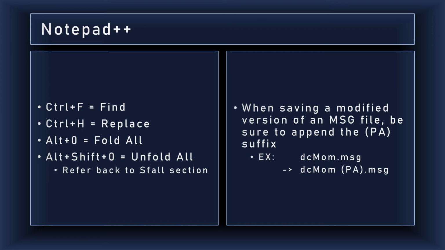When you're saving a modified version of an MSG file, make sure to append the PA suffix. So what I usually do when I first open up the .message file is save a copy. Go ahead and save the .pa or the space PA version, so that way I'm not overwriting the original if I ever have to refer back to it.